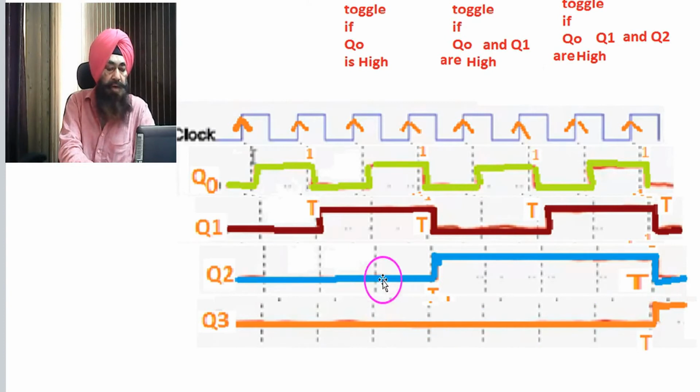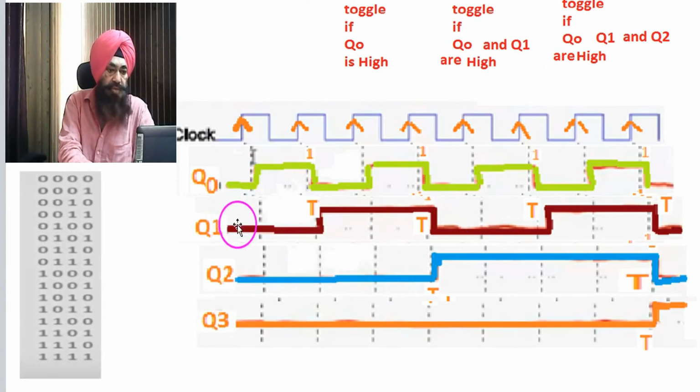Now let's look at the counting. So this is 0, 0, 0, 0. Here 1, 0, 0, 0, where the first bit is the least significant bit. Then 0, 1, 0, 0. Next count 1, 1, 0, 0.